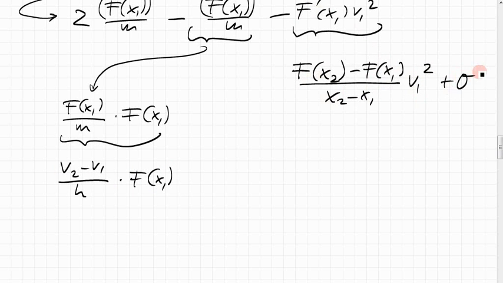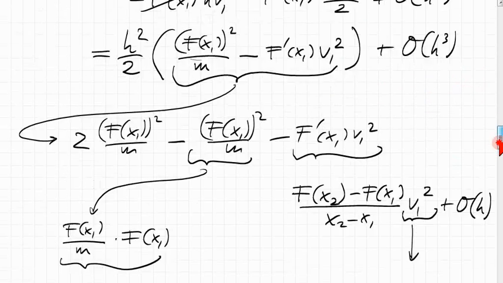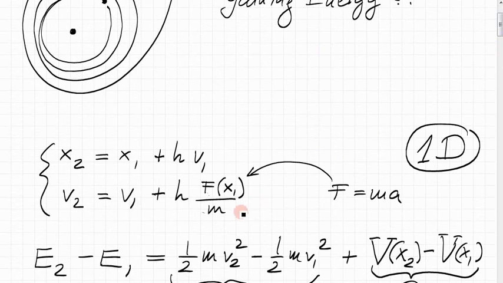So this is why I put an O of h in here. If I look closely, I get other terms in that: h times something plus h squared times something, and so on. And I also look at the v1 here. Let's go back to the Forward Euler method. I can compute v1 by subtracting step size times force over mass from v2.